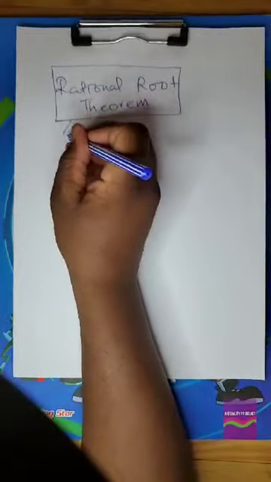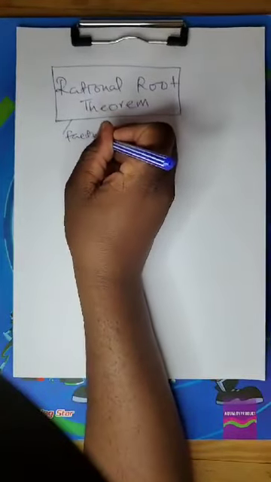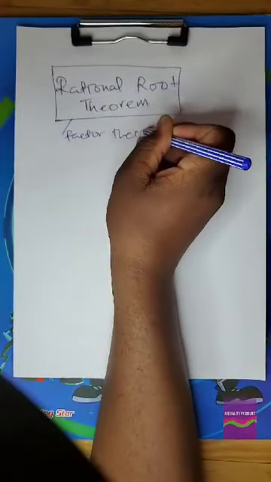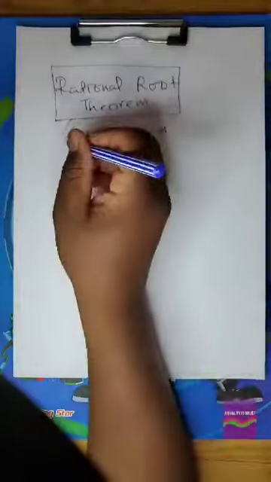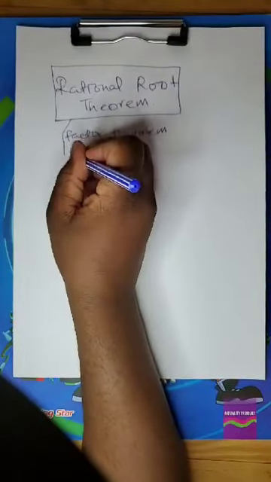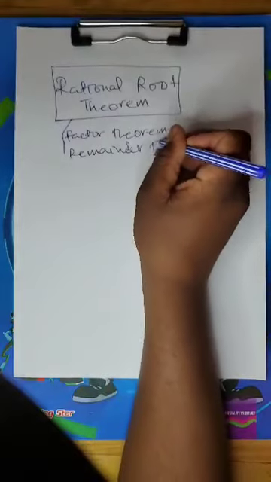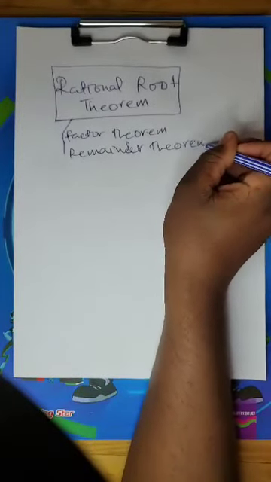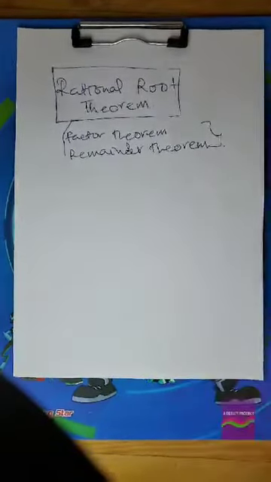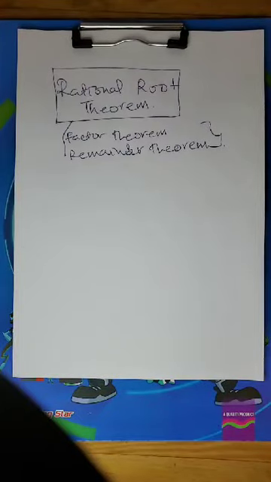We will get things like the factor theorem, that's actually the other name, or the remainder theorem. So the rational root theorem is synonymous with the factor theorem and the remainder theorem. It's basically the same. It's just the applications that differ slightly.